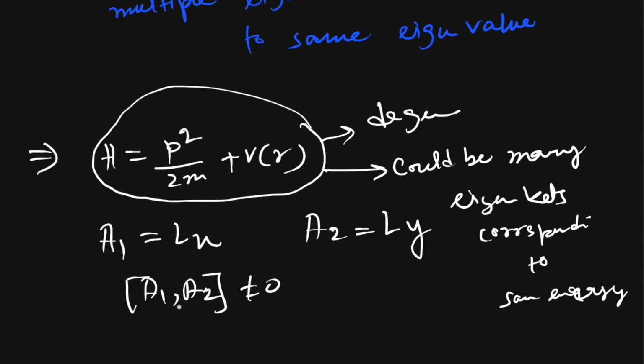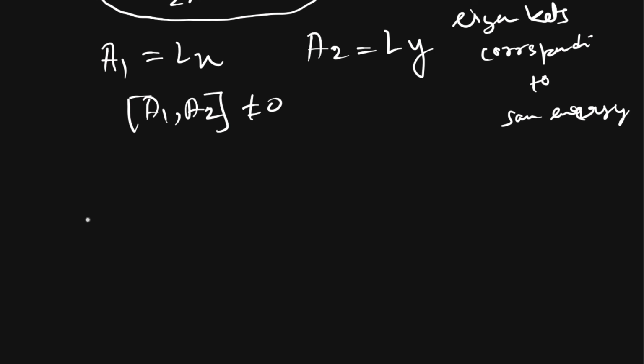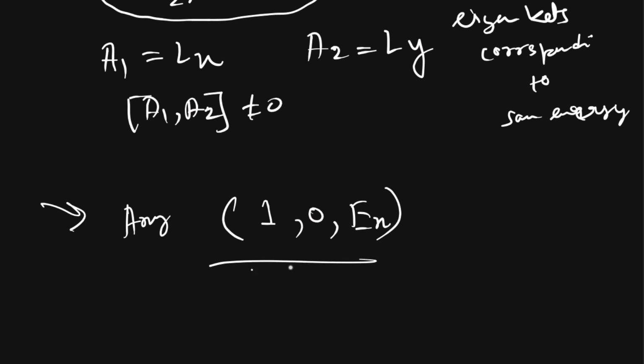which physically means that this state can have angular momentum corresponding to Lx, suppose 1, and corresponding to Ly is 0, but the total energy remains the same. So this is a state, and again suppose the angular momentum of the corresponding state is Lx is 0 and Ly is 1, and again the total energy is the same.